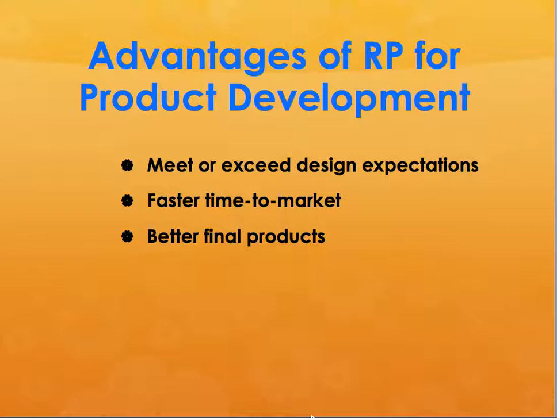So suppose you are expecting your tooling to last for 20 years, sometimes your tooling will only last for 5 years or 6 years or 10 years. So which means you have to create new tooling again in order to meet the life cycle of your product.